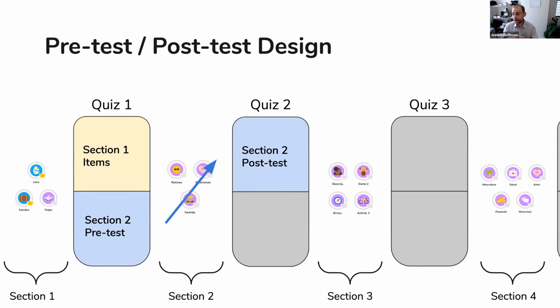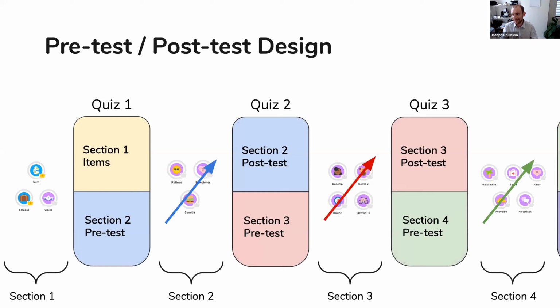We then show exactly the same items in a post-test in quiz 2. And this format continues. So we then have a section 3 pre-test, which becomes a section 3 post-test, and so on and so forth. And so this pre-test and post-test design gives us a really nice structure for measuring changes. And I'll explain why in a little bit.